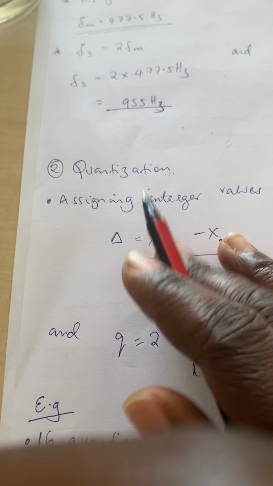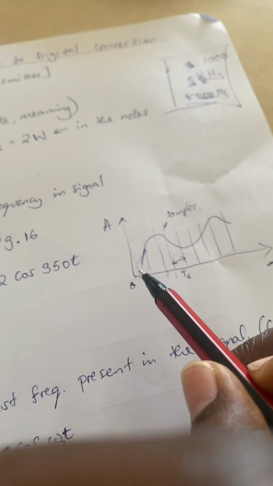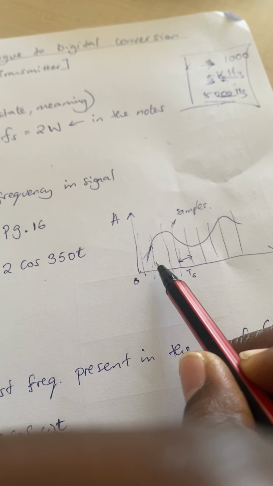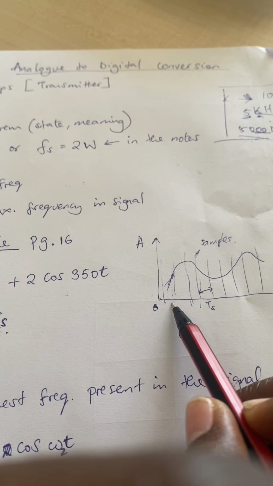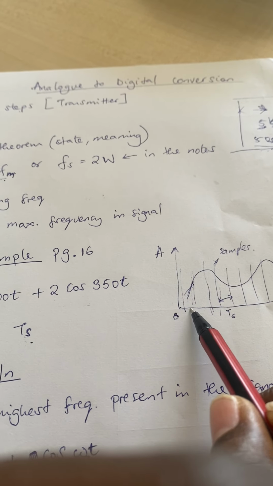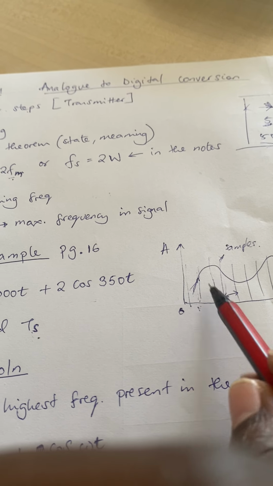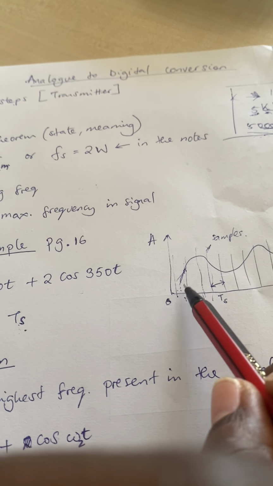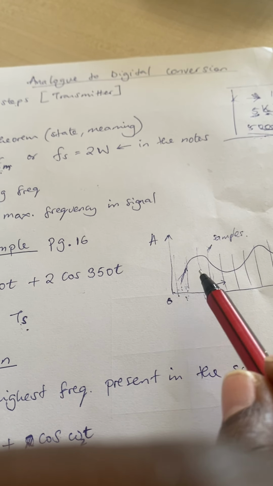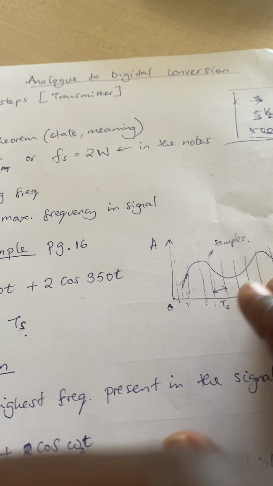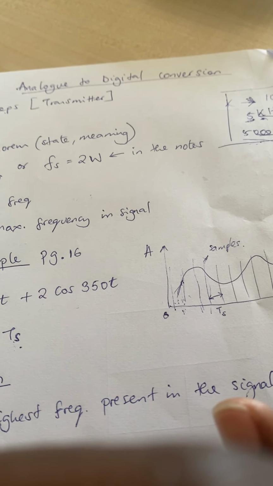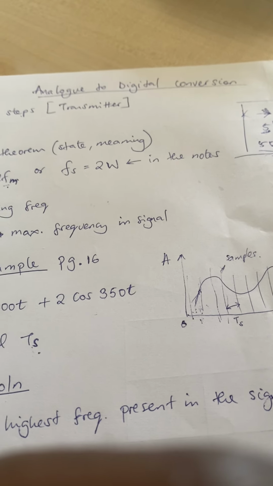So while we were sampling, we were dividing. Now when you are giving a definition of sampling or quantization, please don't use the term dividing. I'm only using this to help you understand. Use the proper official definitions of these terms.